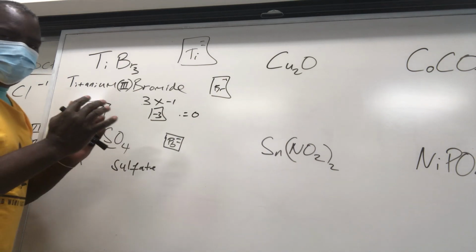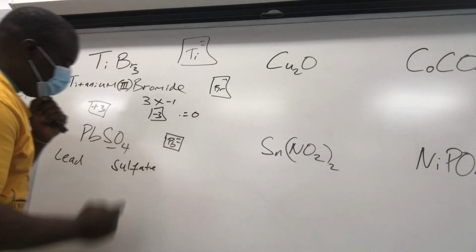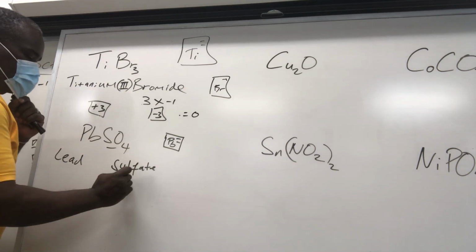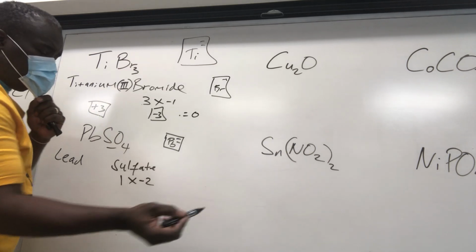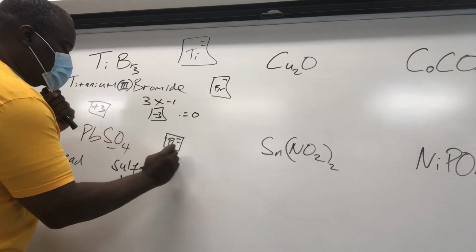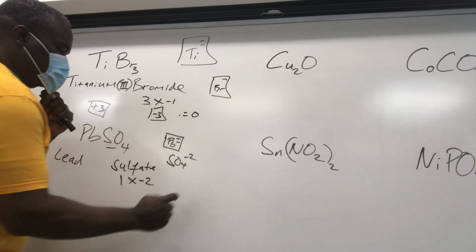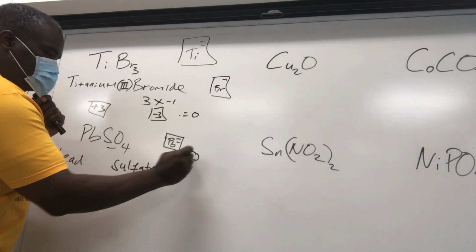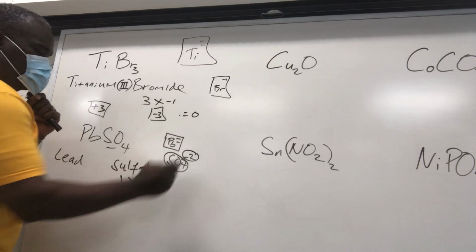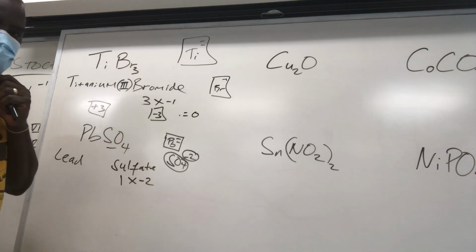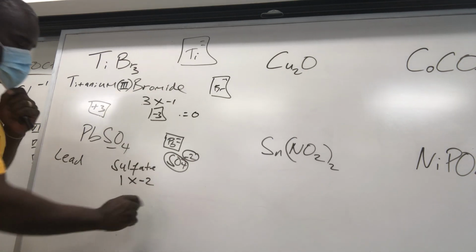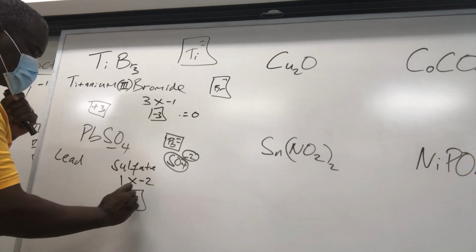Remember, it's a polyatomic ion carrying a charge. So you have one SO4, and it has a charge of -2, because when you look on your table E, you're going to see SO4 -2. That's the charge right here, and this is the whole unit carrying that -2 charge. So it's one SO4 carrying a -2 charge. So 1 times -2 is -2.